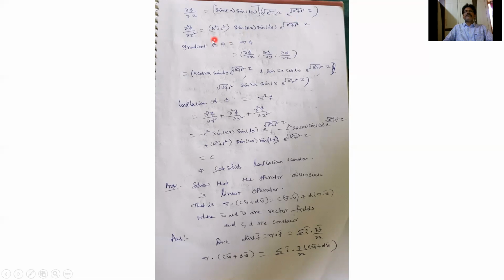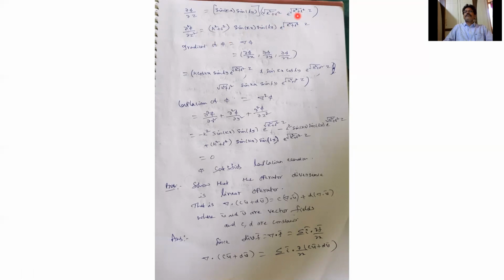Again differentiate with respect to z, ∂²φ/∂z². Again we get e^(az), and for e^(az) the derivative is a into e^(az).